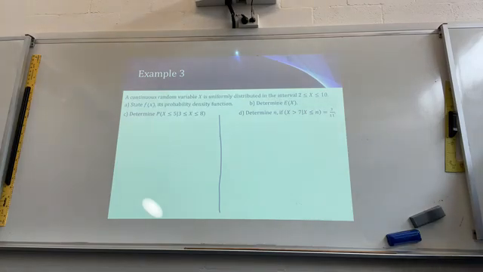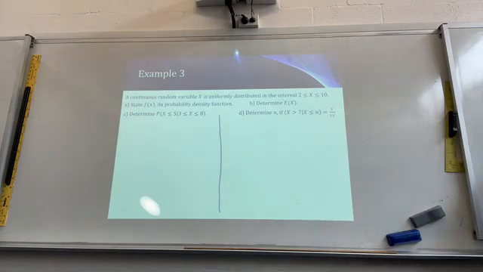Alright, example 3. A continuous random variable x is uniformly distributed in the interval x is greater than or equal to 2 and less than or equal to 10. So can you state f(x), the probability density function? What do you need to do in the first place?